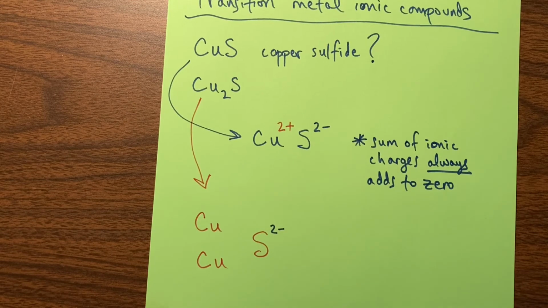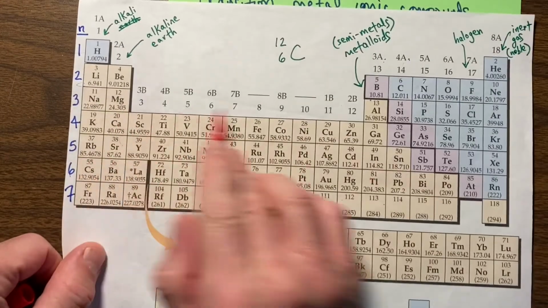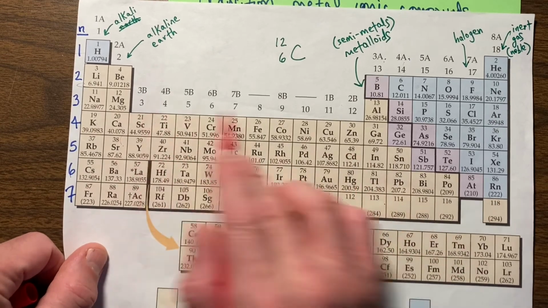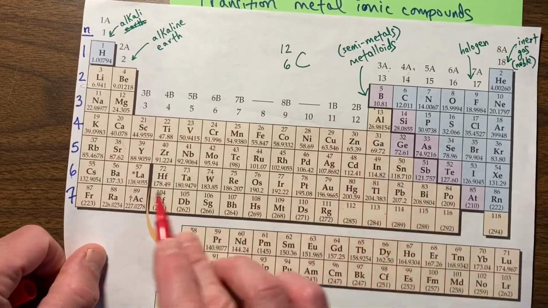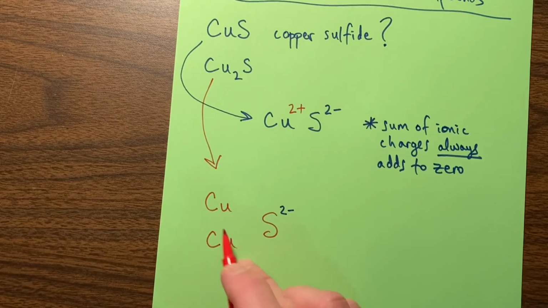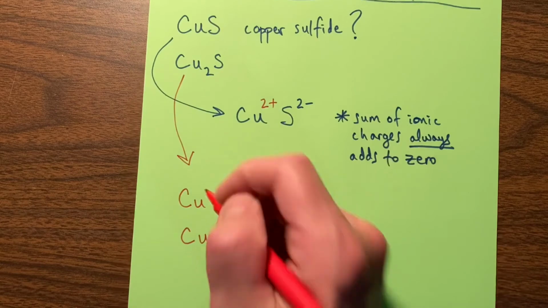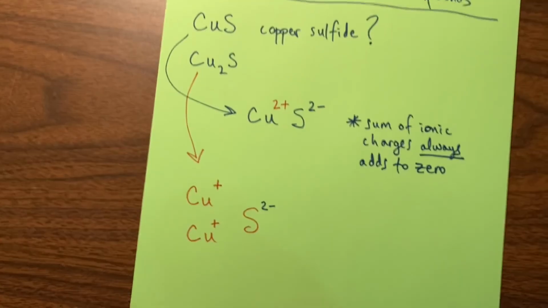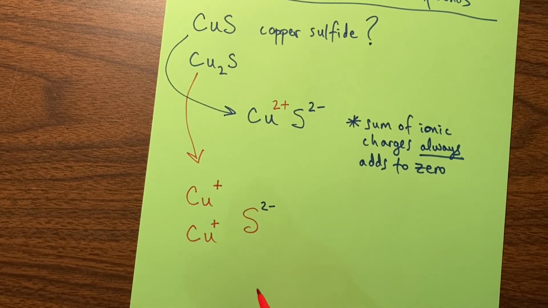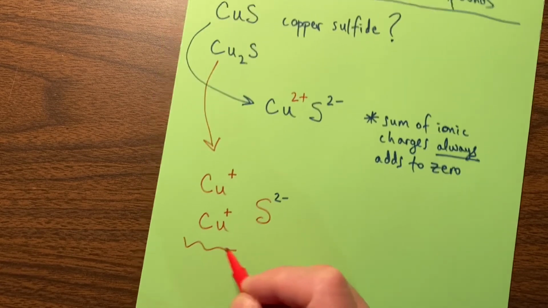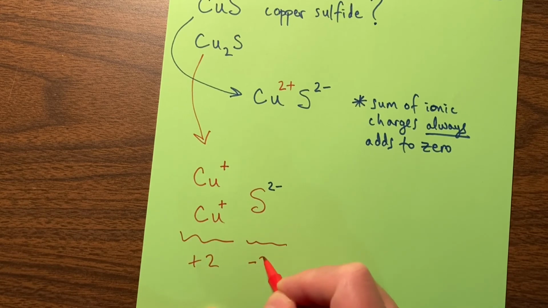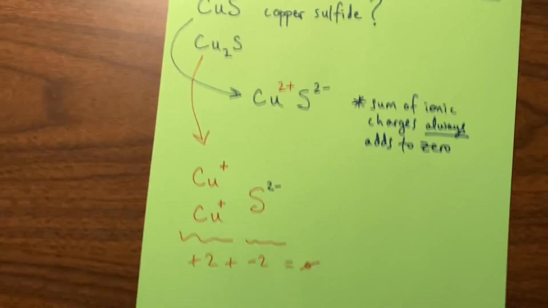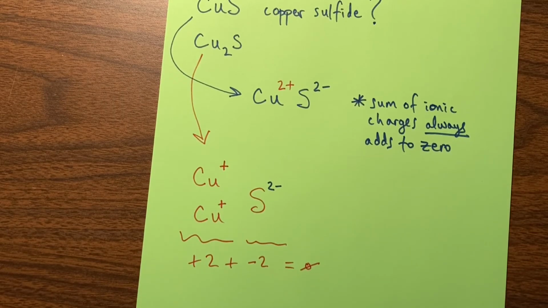But as I said before, the elements in this part of the table can have more than one possible positive charge. That's why they're put in this special section of transition metals. So copper, if you're going to have a 0 net charge, must have a +1 charge. So you don't have to put the 1 plus. It's implied that it's +1. And you can see that this is a total of +2. This is -2. If you add them up, you always get 0. And that goes for any ionic compound.